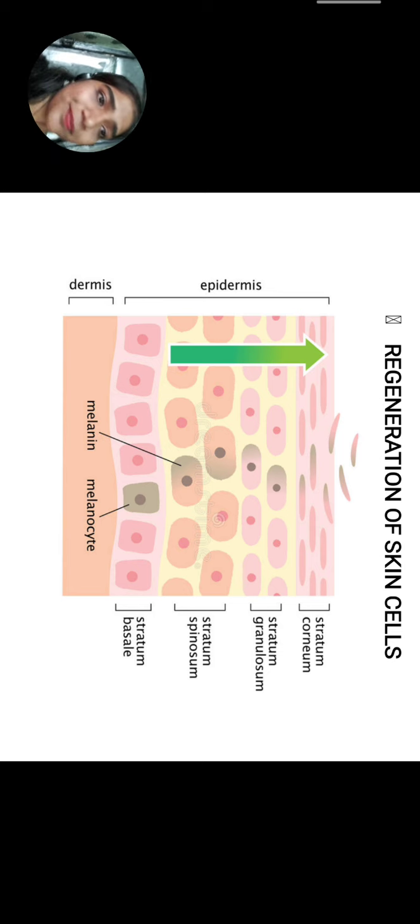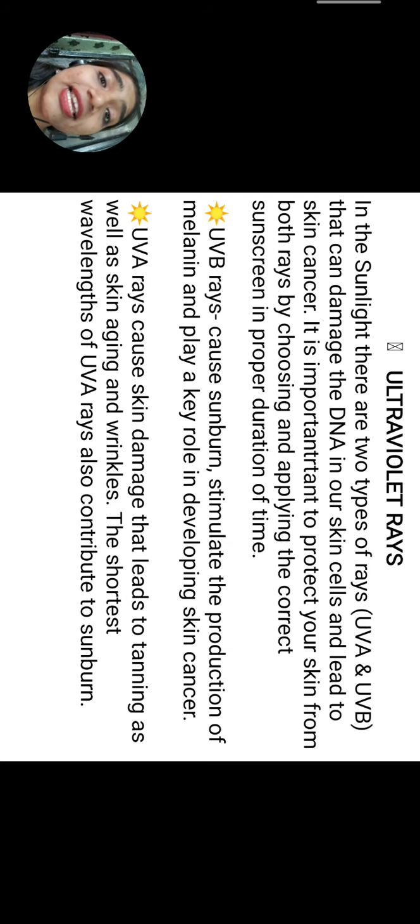UVA itself indicates that these are the aging rays, which damage our skin and start aging it earlier than the time of aging. Like some people, you see in their 30s itself, they have started getting wrinkles and all those things. So UVA rays give us aging, whereas UVB rays burn the skin, which means it tans the skin.